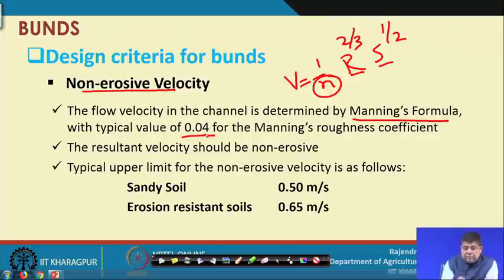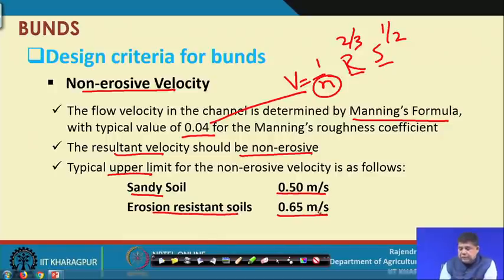A typical value of 0.04 for n is used for calculating the flow velocity. The important thing is that the resulting velocity should be non-erosive. The upper limits of non-erosive velocity are: for sandy soil it should be less than 0.5 meter per second, and for erosion resistant soil, even for clay, it should be less than 0.65 meter per second.